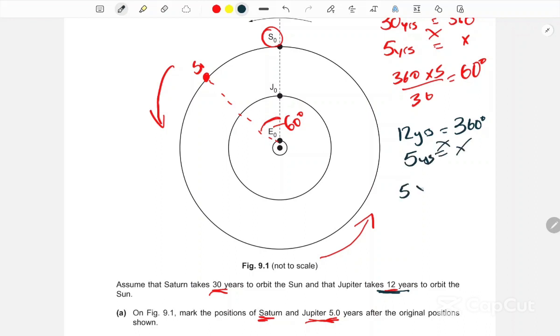So it would be 5 times 360 over 12, that would become 150 degrees.